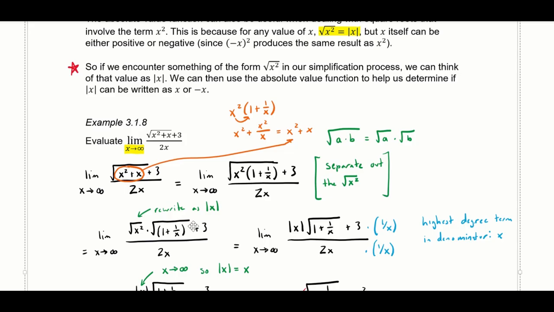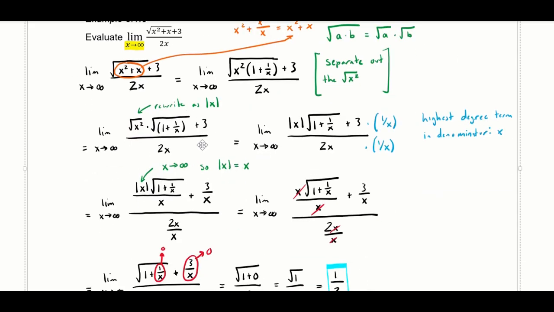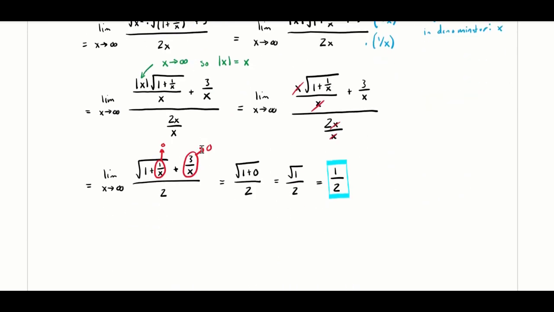If this had been going to negative infinity, this would be negative x, and at the end of all these calculations, the only thing that would change is it would make this negative 1/2, which is exactly what we're seeing as our limit as x goes to negative infinity.